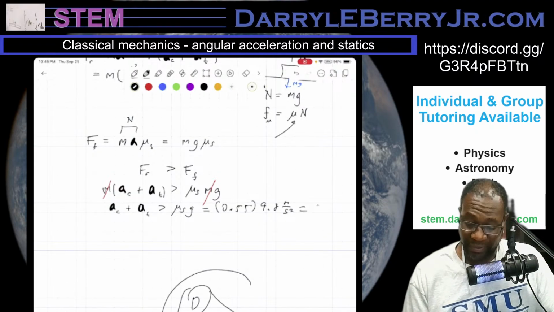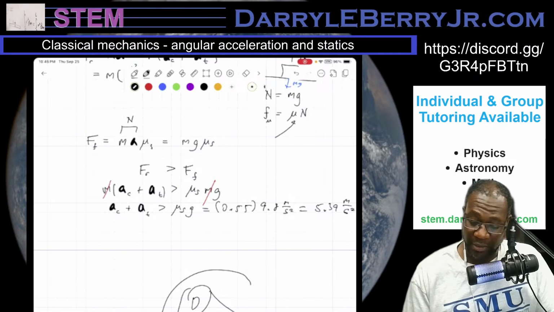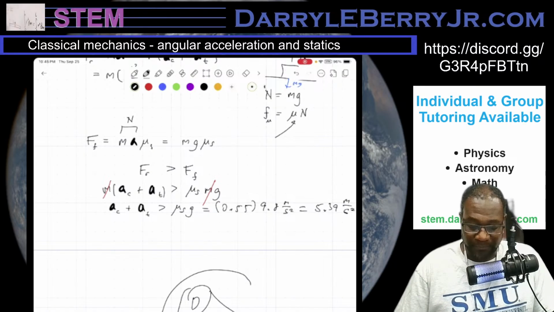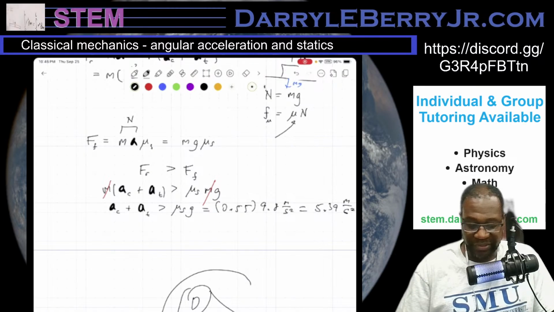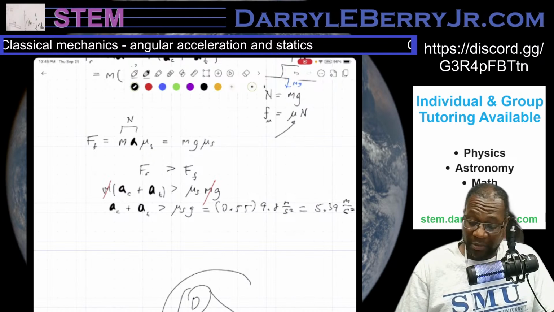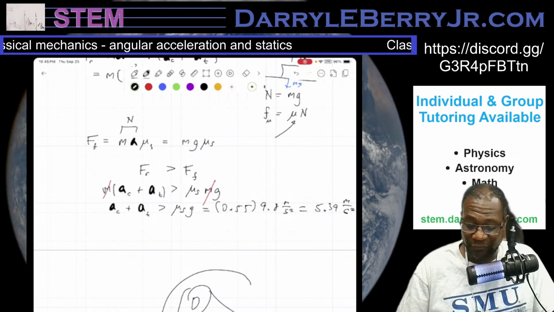So that's 5.39 meters per second squared. That means that as long as the two accelerations together, when you add their vectors up, or their magnitudes up, are less than 5.39 meters per second squared, the object won't move.